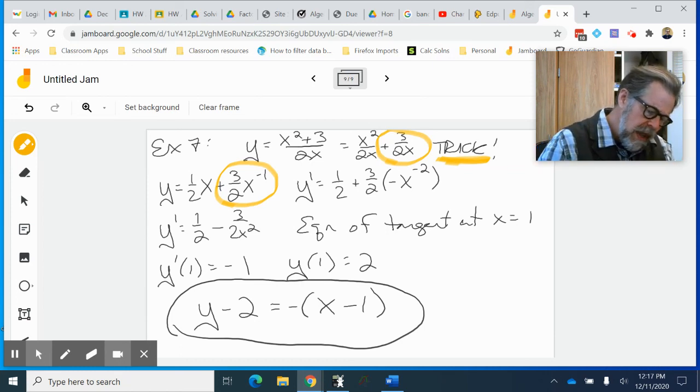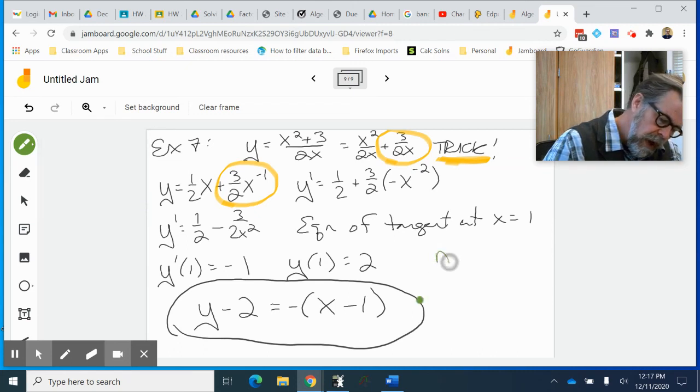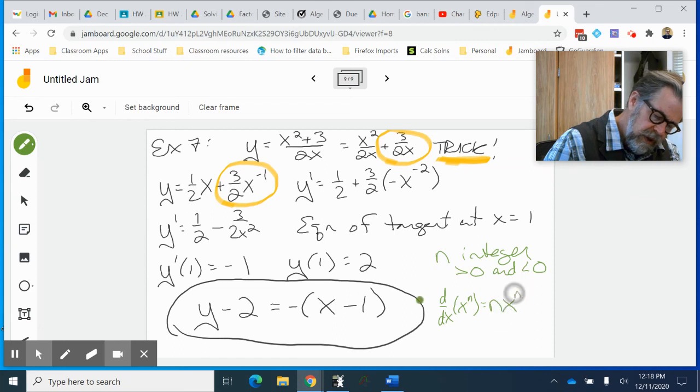So now we have decided that our rule for n an integer greater than 0 and less than 0, the derivative of x to the n is n x to the n minus 1.